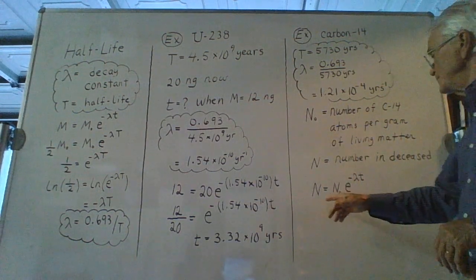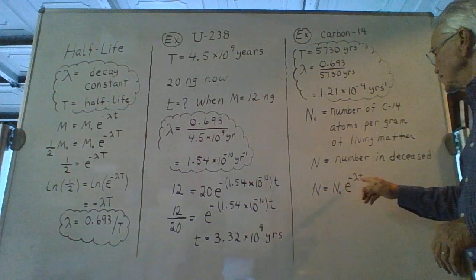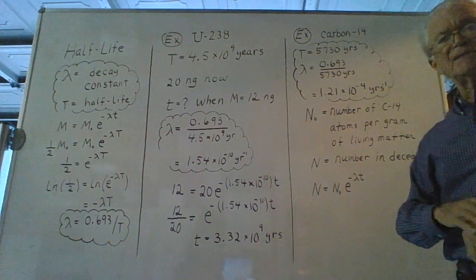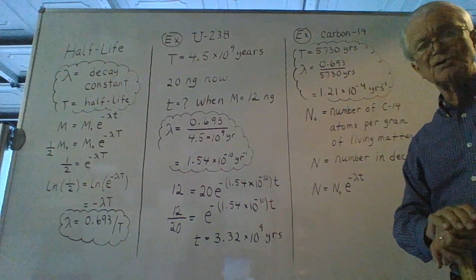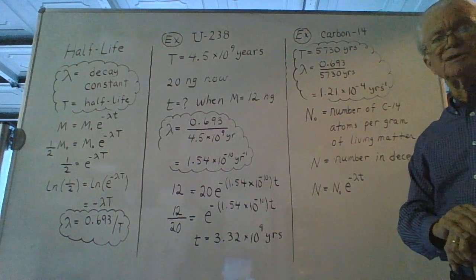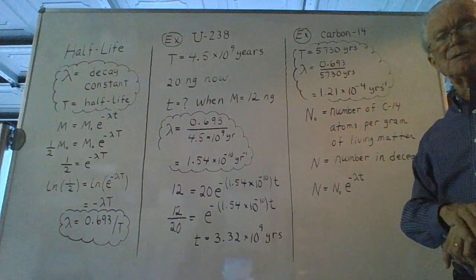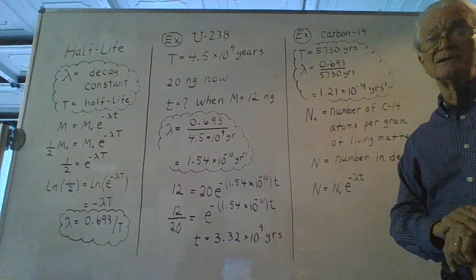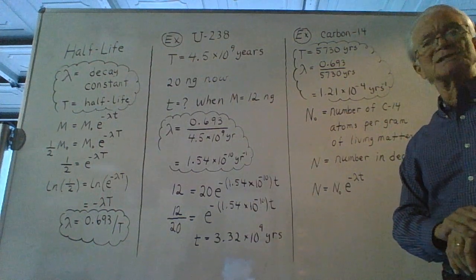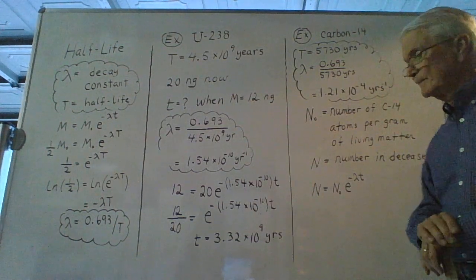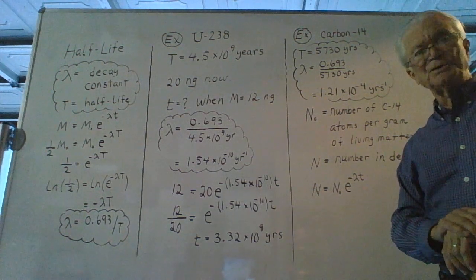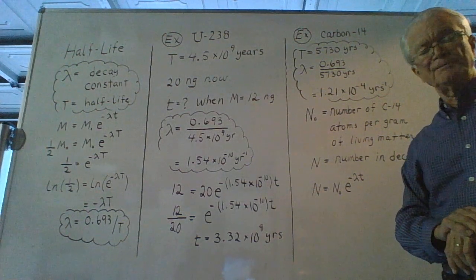And so you know 1, 2, 3 of these 4 quantities in this equation, the fourth being t, the number of years that have gone by since that animal died. And so we will know how long ago that animal or that plant was living. And thus we have a way of dating old things that are dug out of the ground.